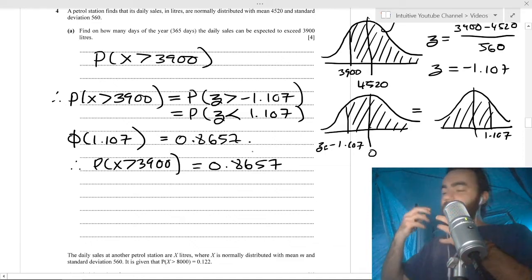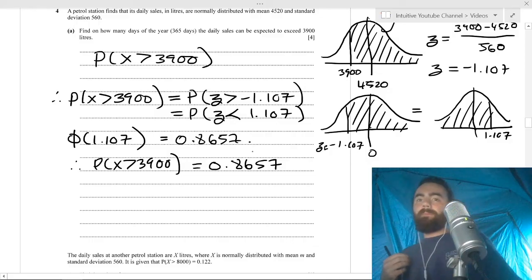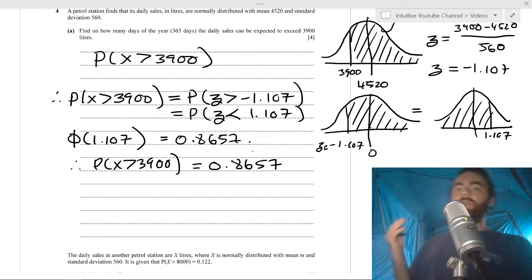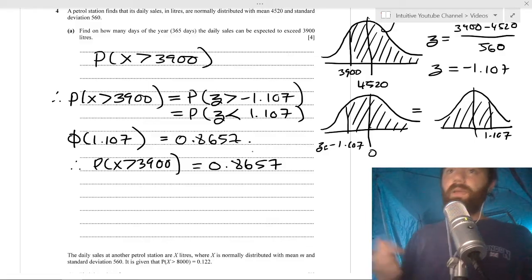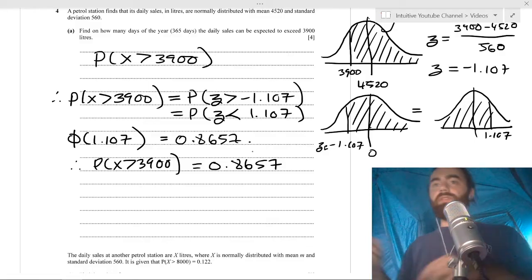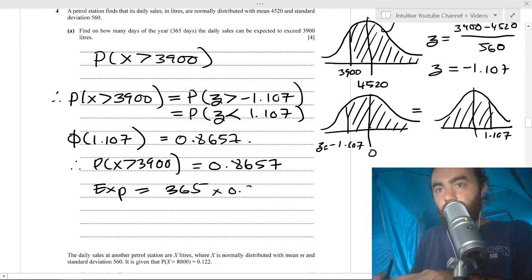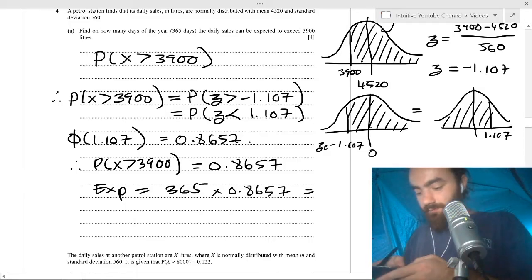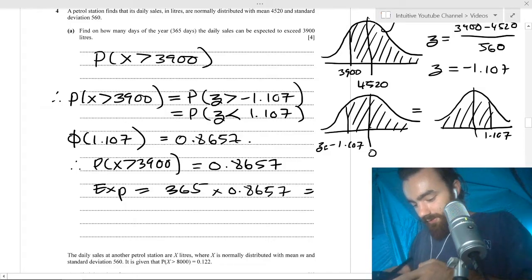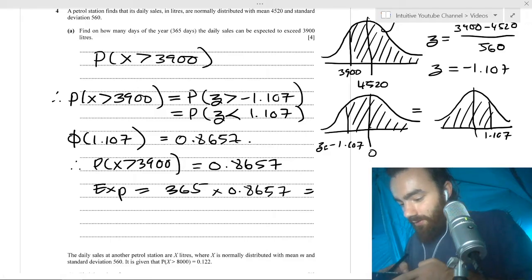If that's the probability that on any random day the sales will be greater than 3,900, what's the expected value for 365 days? The expected value is just 365 times this probability. If you put 0.8657 times 365 into your calculator, you get 315.9.